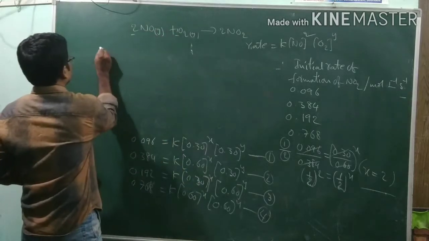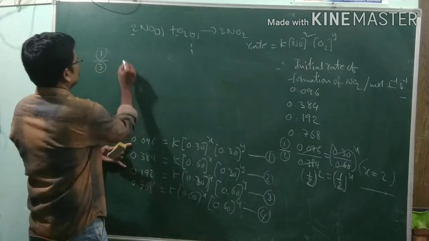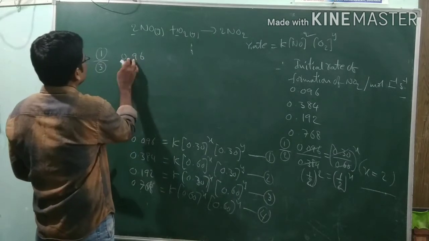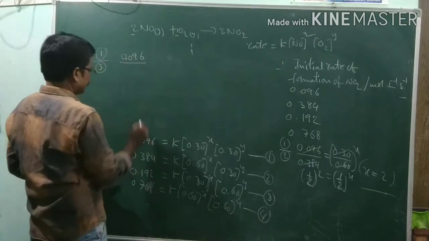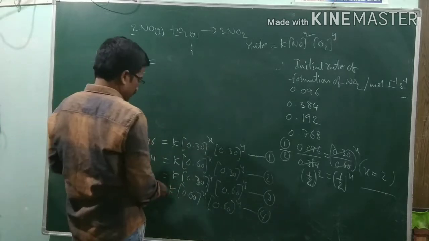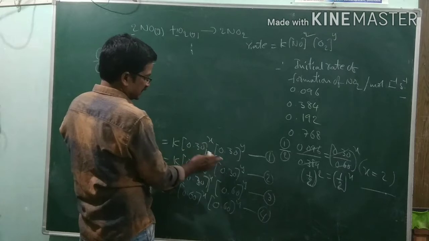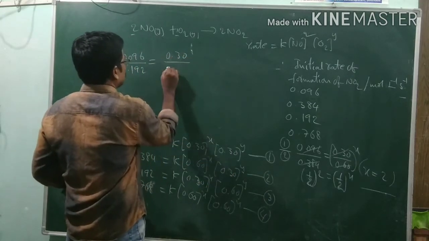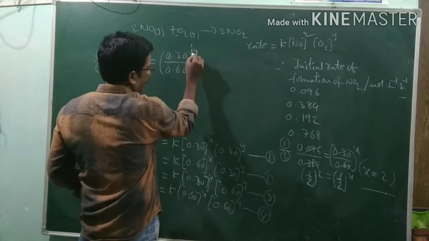Okay, equation 1 by 3, again 1 by 3, 0.96 divided by 0.192 is equal to, okay, these two are cancelled each other, this term and this term also cancel each other, then what remains is 0.30 by 0.60 whole to the power of y.